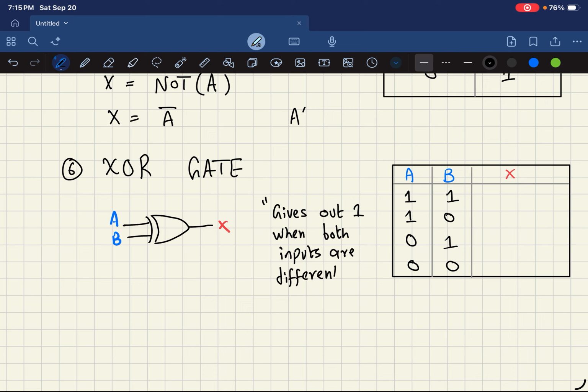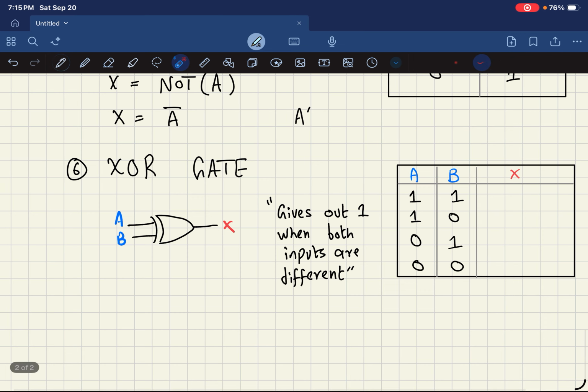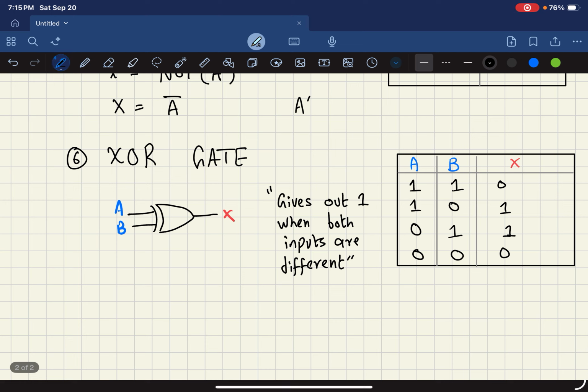Okay, when both inputs are different. So where do we see the two inputs being different? In this row and in this row, right? So it's going to have a 1 in both these cases, otherwise it will give out a 0 when signals are same.